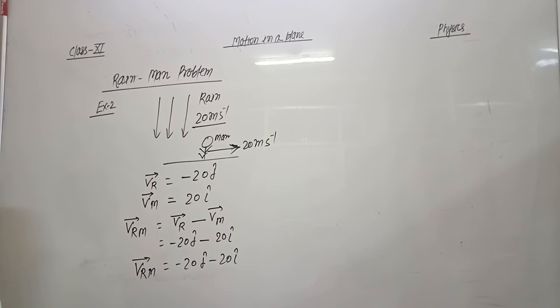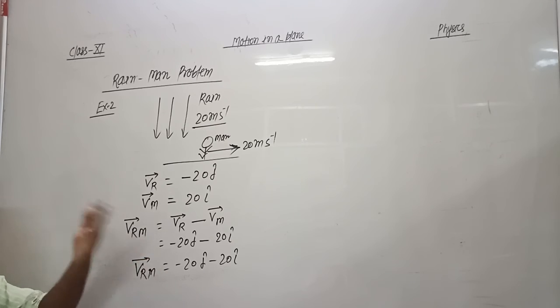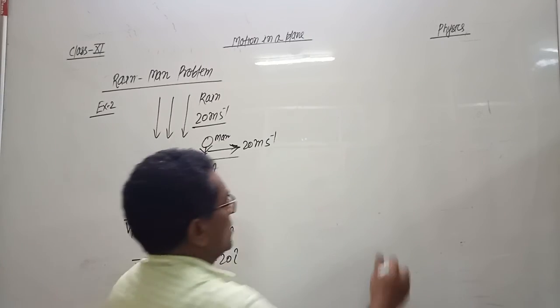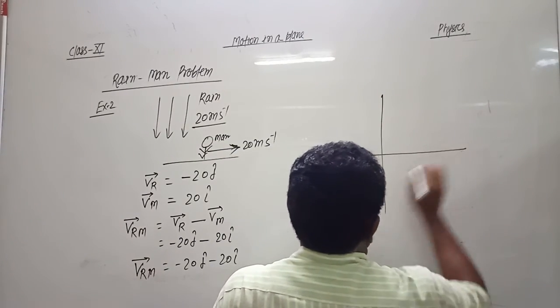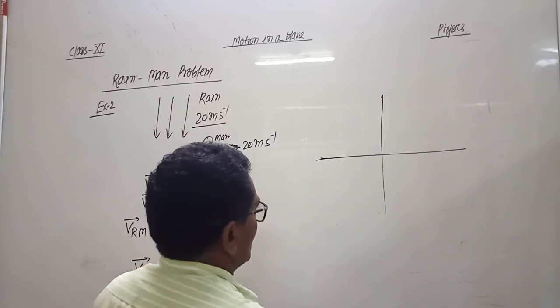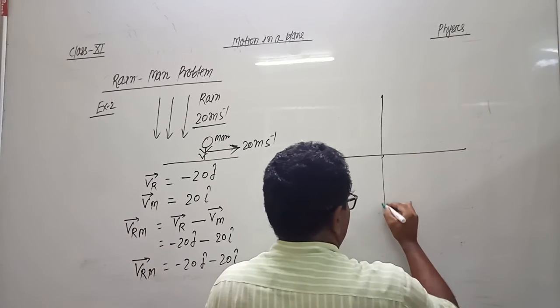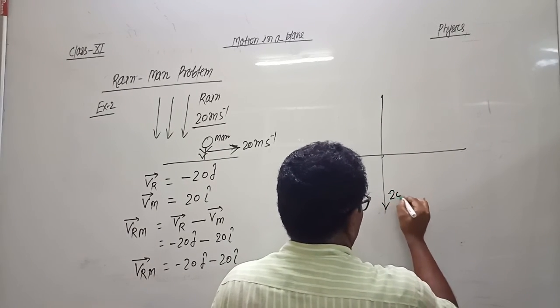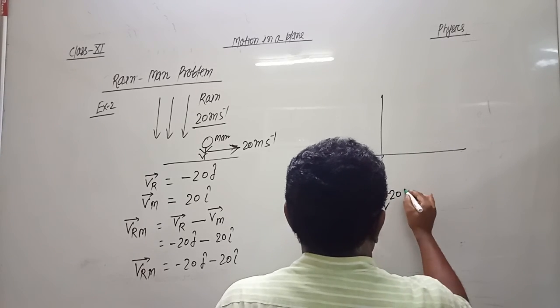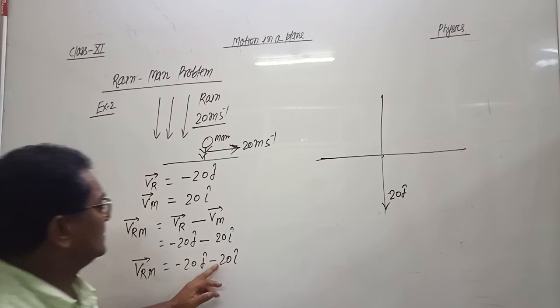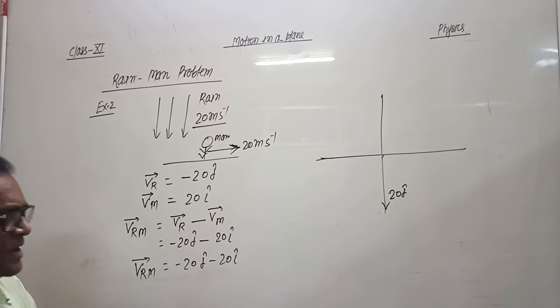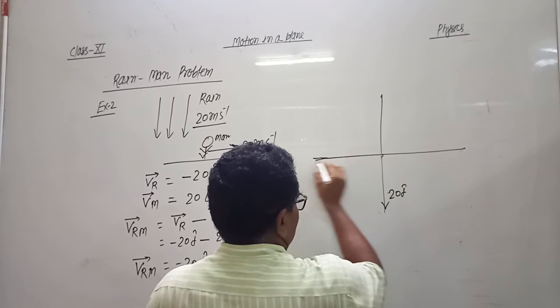We are interested in finding in which direction the umbrella will be held if the man is moving in the direction of the positive x-axis with a velocity of 20 meters per second. So draw this on the Cartesian coordinate axes. Minus 20 j means rain falls in the downward direction, and minus 20 i cap means in the negative x-axis.